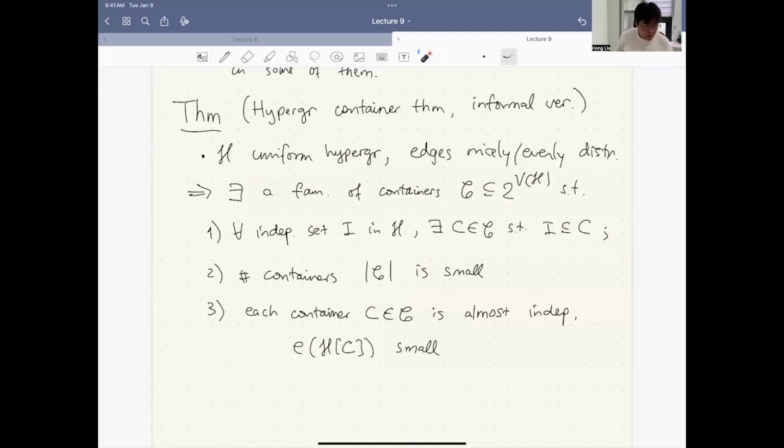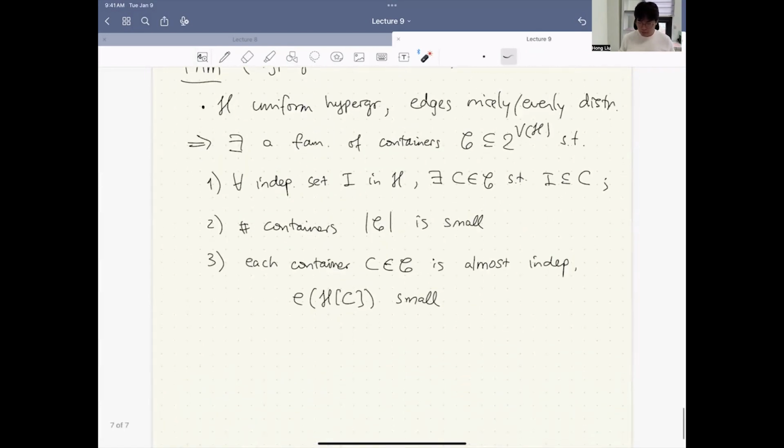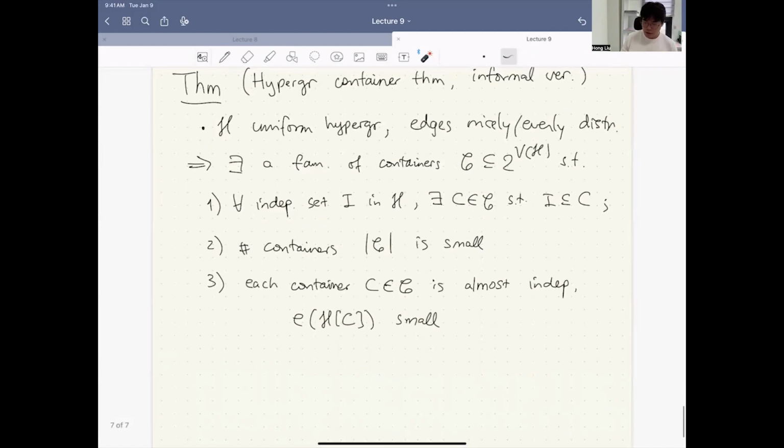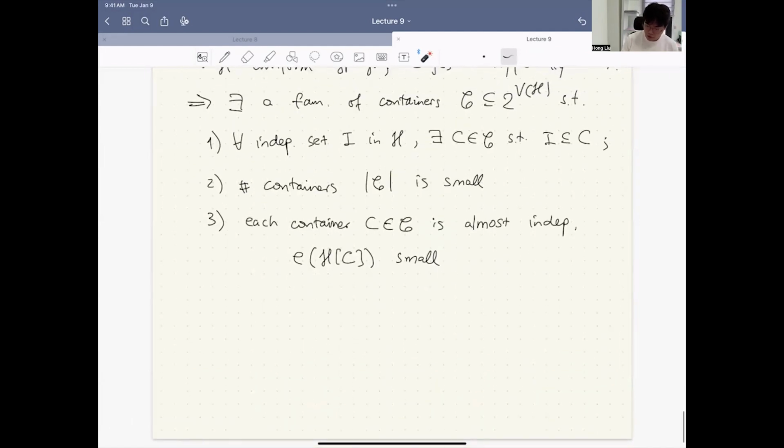This counting problem. Let's recall. For every extremal problem, we can ask for a counting problem, right?